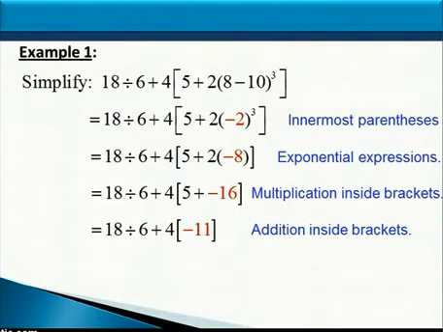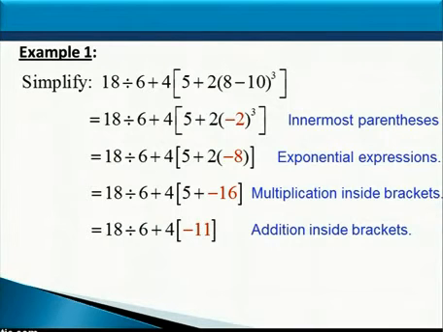So now if we go to the next step after grouping symbols, we would perform any exponents that are outside the grouping symbols, and there are none. So then we move to multiplication and division in the order in which they occur as we move from left to right. So notice as you read the expression from left to right, we have a division and then we have a multiplication later.